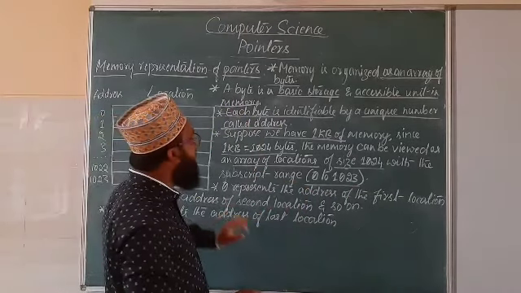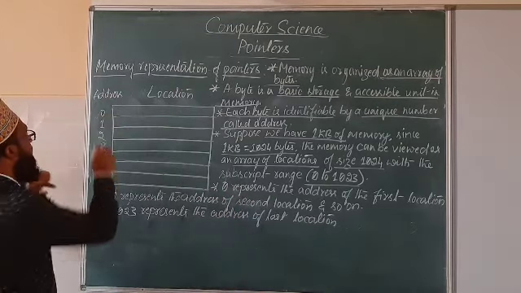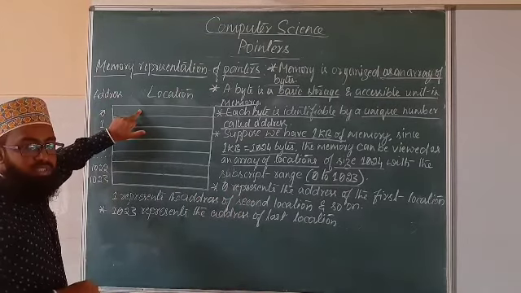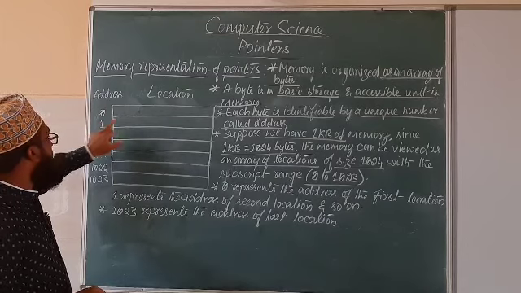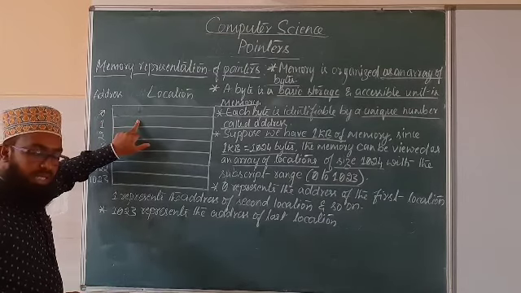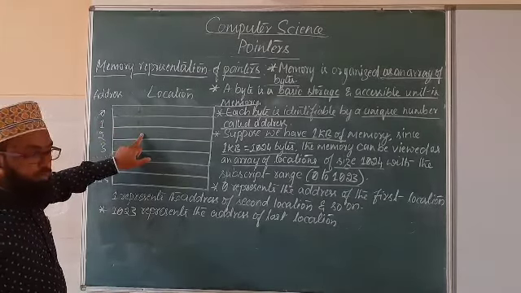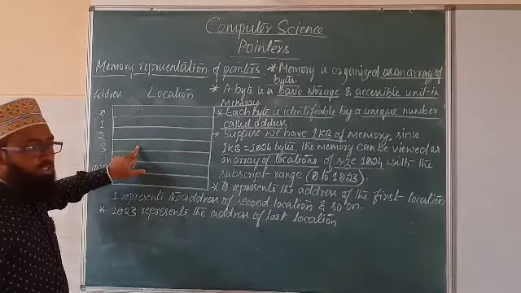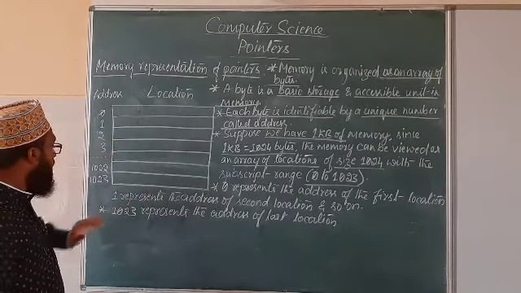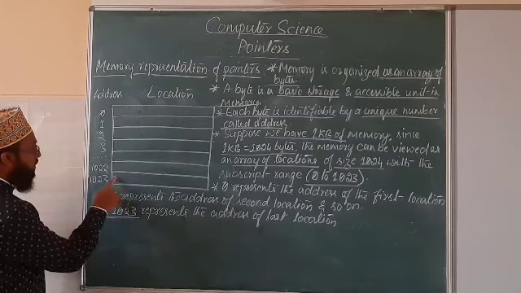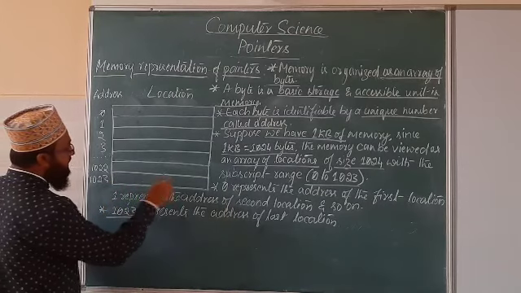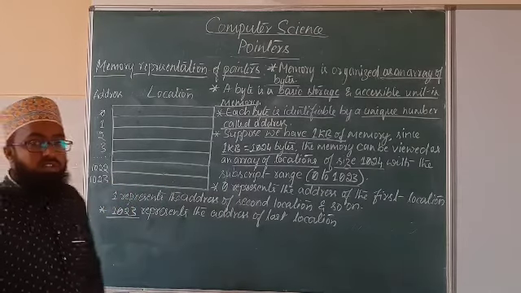Then 0 represents the address of the first location, 1 the address of the second location, 2 the third, 3 the fourth, and so on, and finally 1023 represents the address of the last location.